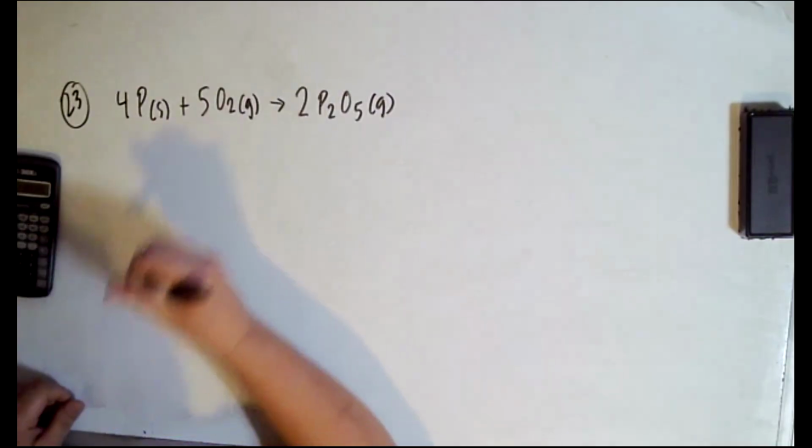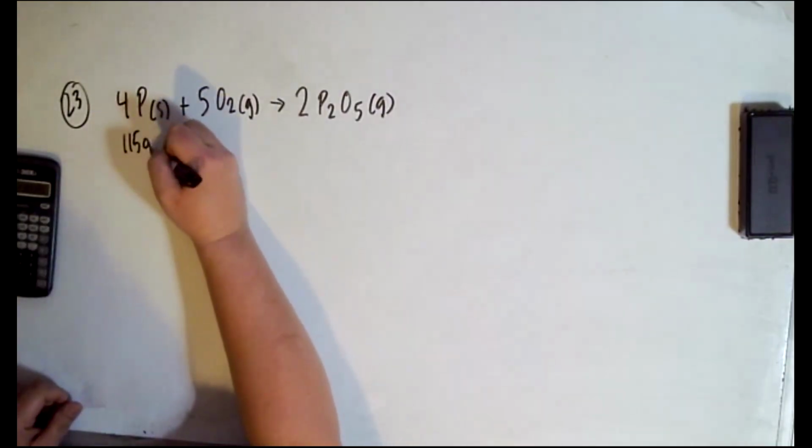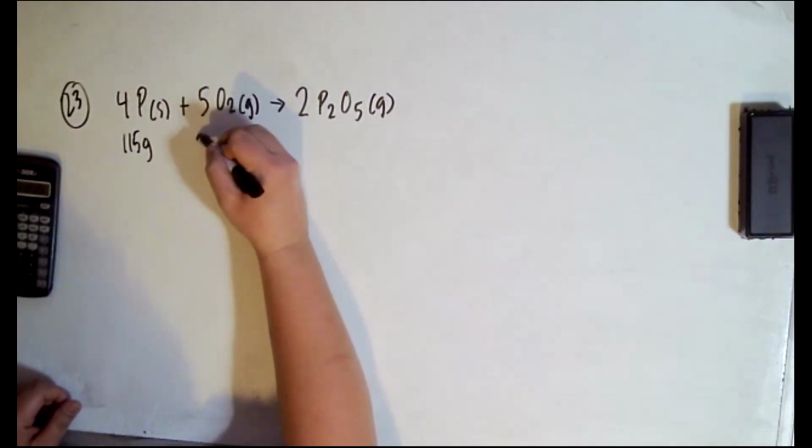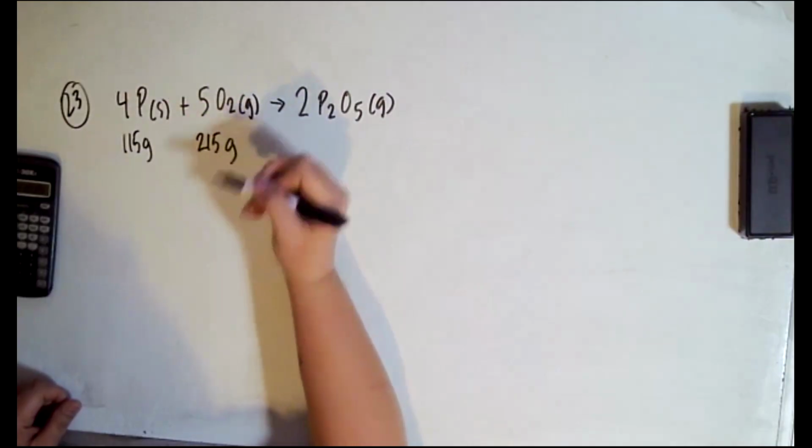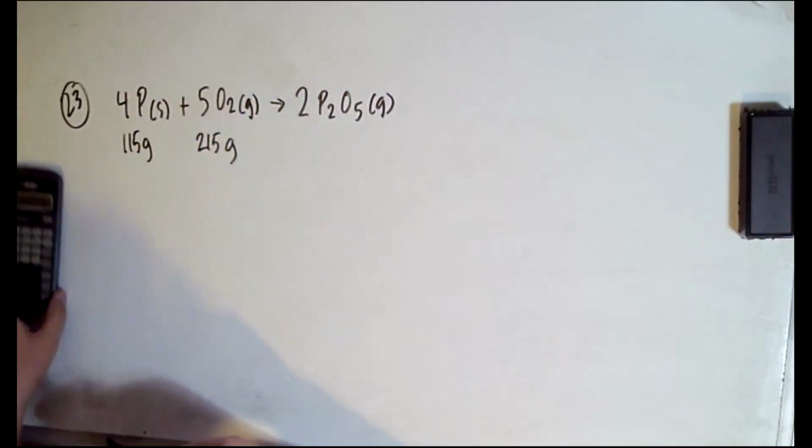Okay, and they're giving us 115 grams of phosphorus reacting with 215 grams of oxygen.